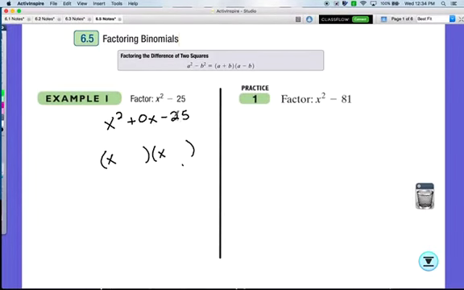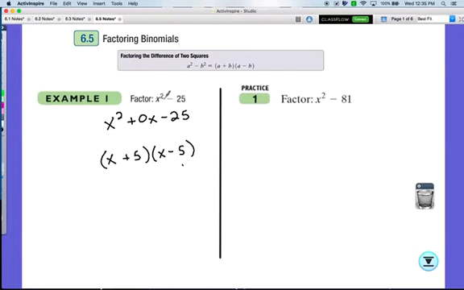You need two numbers that multiply to give negative 25, so they have opposite signs, and they need to add together to give 0. That's plus 5 and minus 5, because 5 times negative 5 is negative 25, and 5 minus 5 is 0. So that's the thought process behind it, but you don't actually have to write it out.